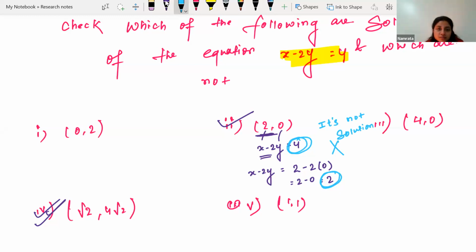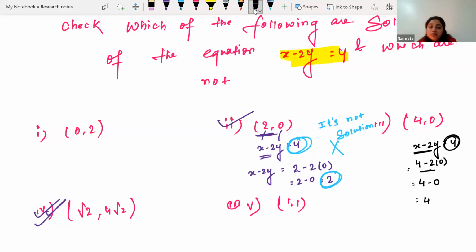Let's check the other one, 4 comma 0. Again we will do the same thing. We have x minus 2y equals 4. On the left hand side part only I am going to substitute the x value and y value. So the x value is 4 and the y value is 0. Our purpose is to find 4. By doing this calculation, let's check whether we are going to get 4 or not. So 4 minus 2 into 0 is 0, and 4 we are getting.